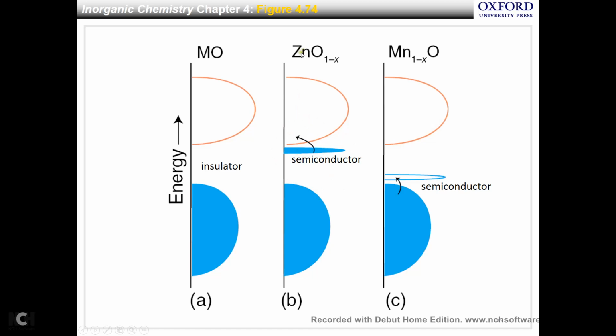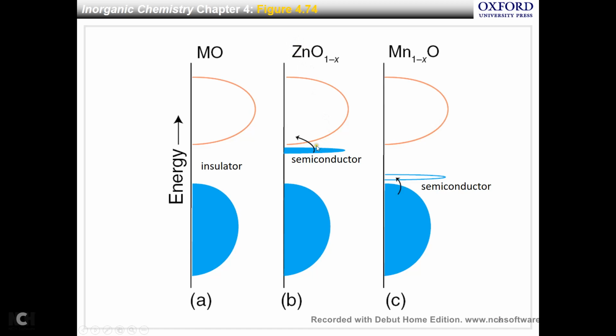Again, if you have a 1-to-1 ratio between zinc and oxide, it's an insulator. But if you have oxygen deficiency, then you have excessive zinc atoms. The excessive zinc atoms have excessive s electrons.